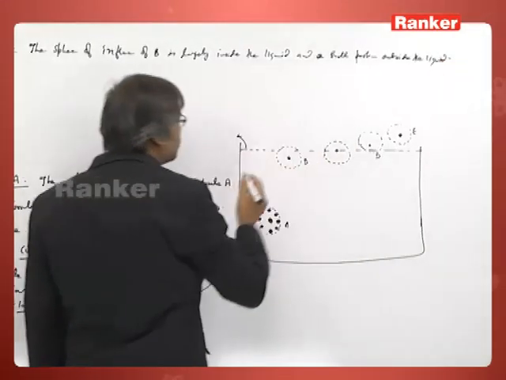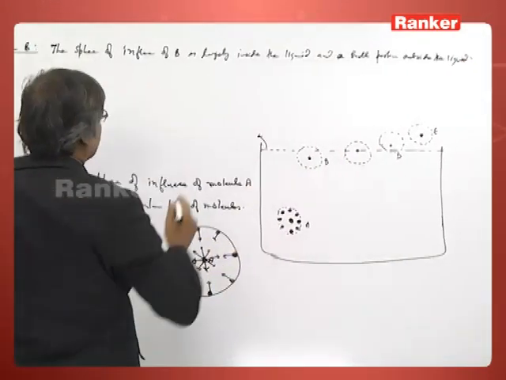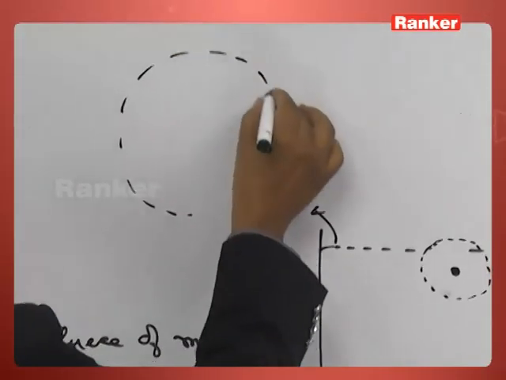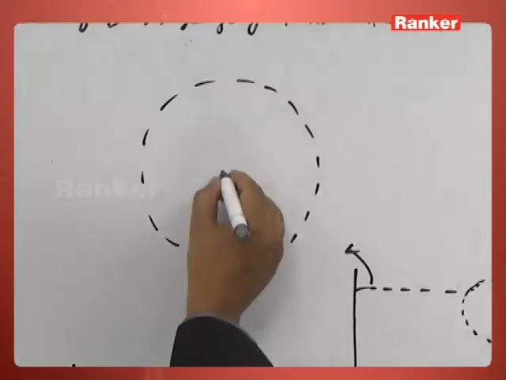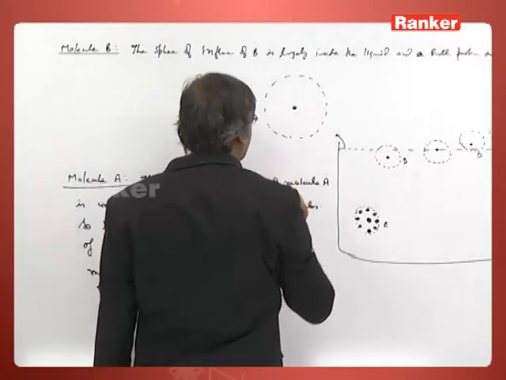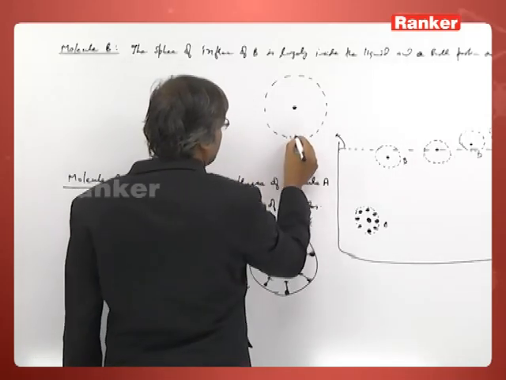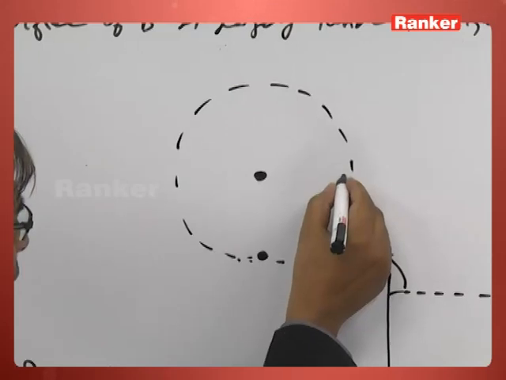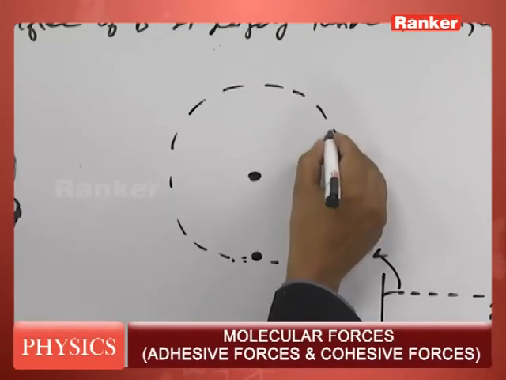So, a very small portion outside the liquid. Let us see its magnified view. So, this is the sphere of influence of B, this is the molecule B. Now you see we have a molecule here, we have a molecule here, we have a molecule here.